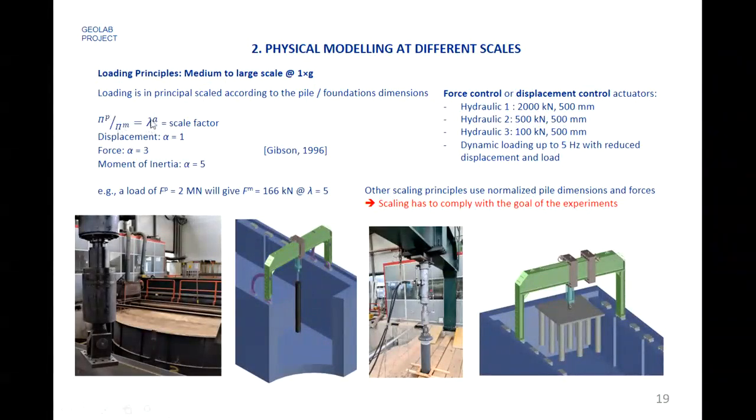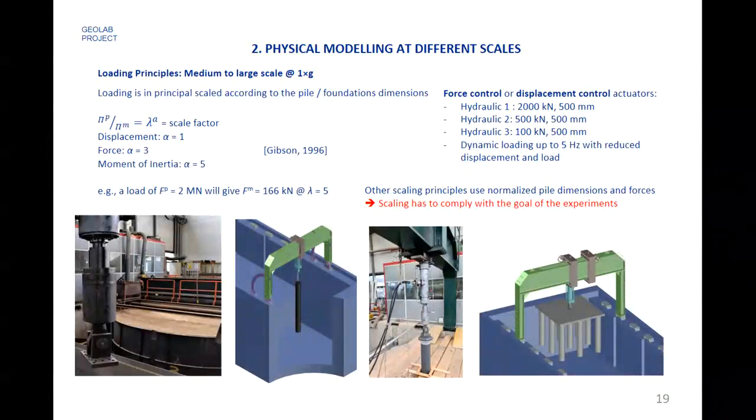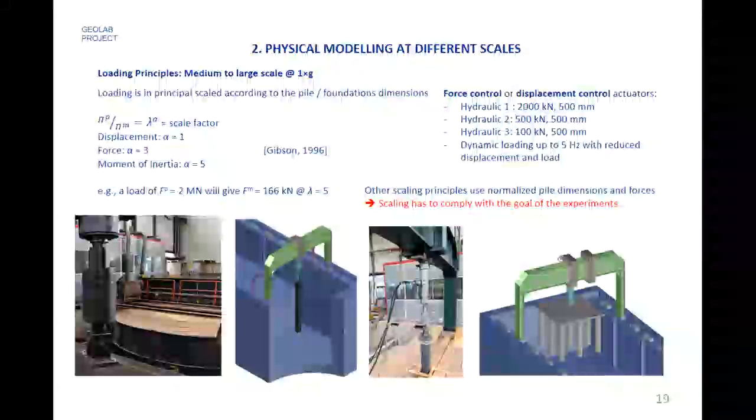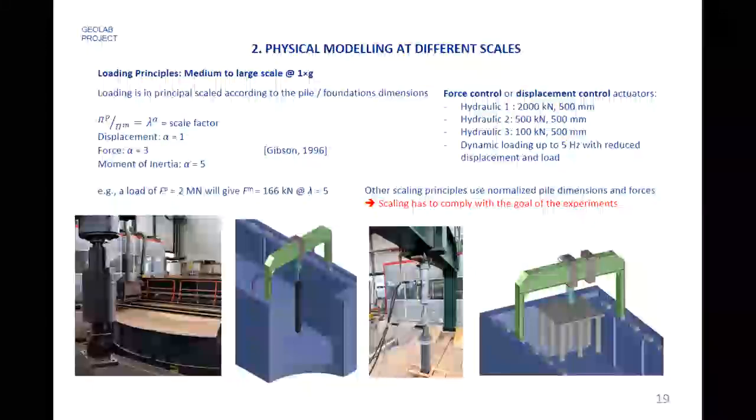So for instance, for displacement we will have the power 1, for force it will be power 3, and for moment of inertia it would be power 5. We have to know that in order to perform the test and to interpret the test correctly.